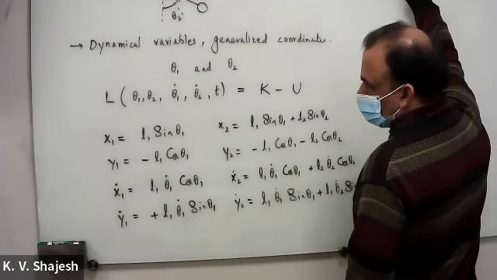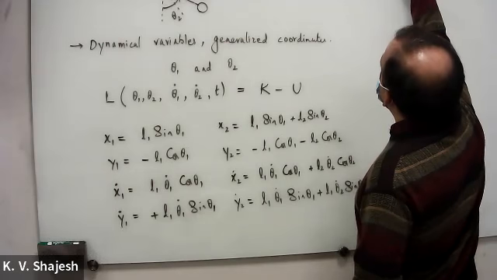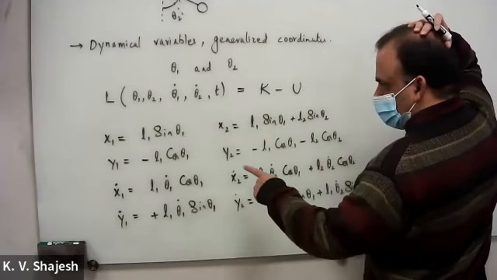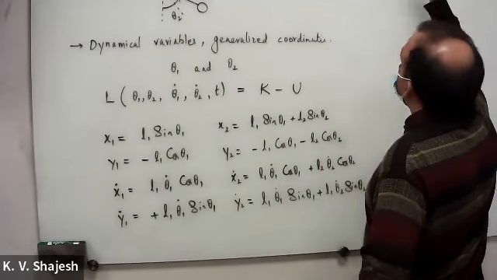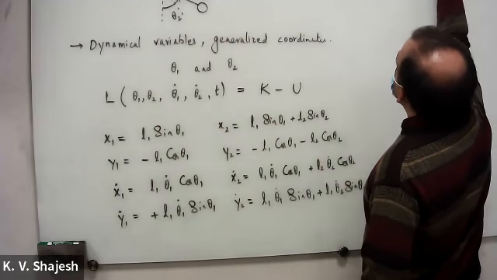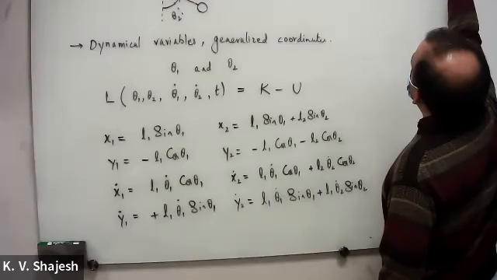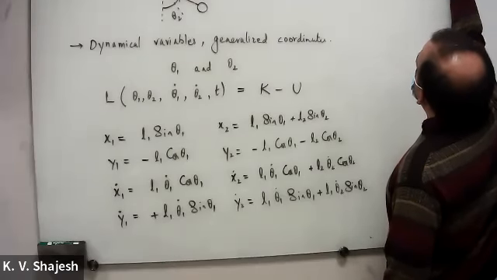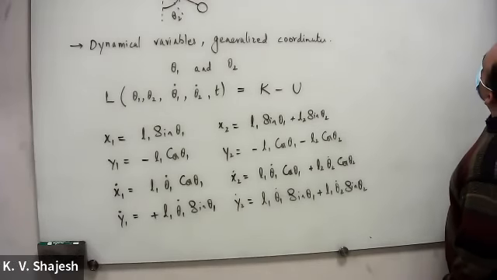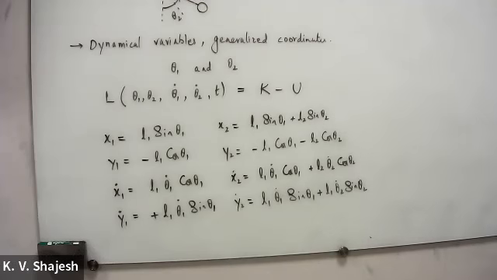So how do you do this? Kinetic energy is equal to half m1 times x1 dot square plus y1 dot square, plus half m2 times x2 dot square plus y2 dot square.